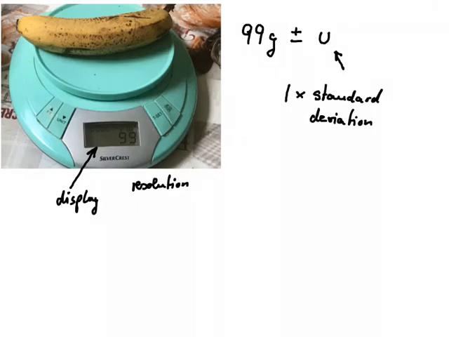But before we do that, we need to establish something, and that again comes back to the resolution of the measuring device. We see that our reading is 99 grams. Is it actually exactly 99.000 grams?